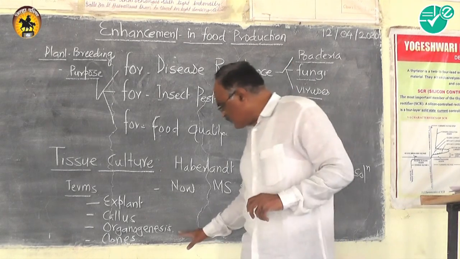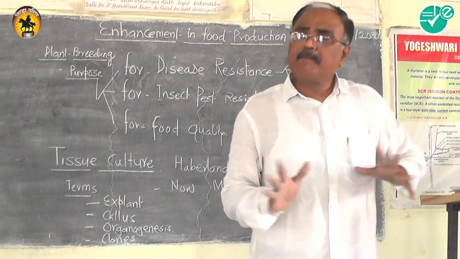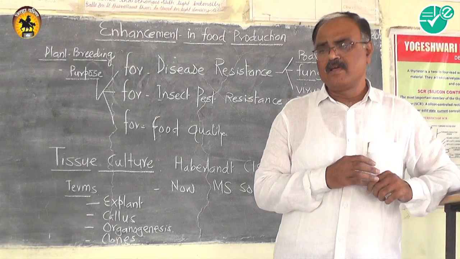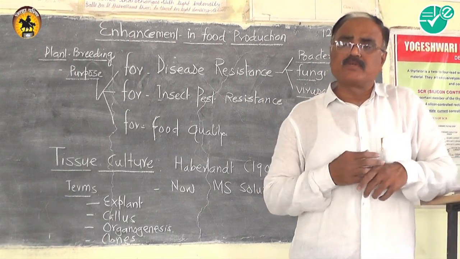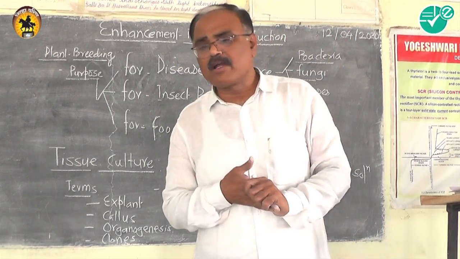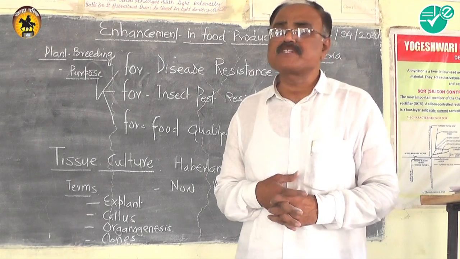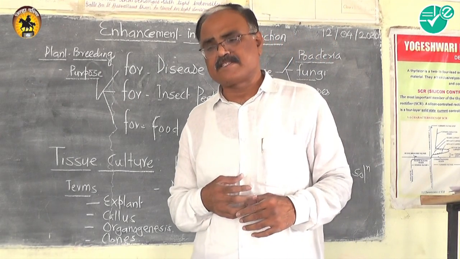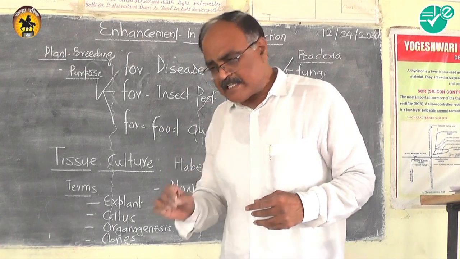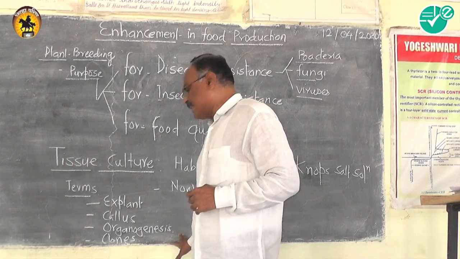Organogenesis is another term where the different parts of the plant develop. Here there is generation of root and generation of stem. Generation of root is called rhizogenesis and generation of stem is called caulogenesis. Root and stem generation from the callus is organogenesis.